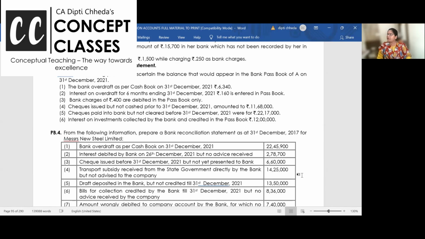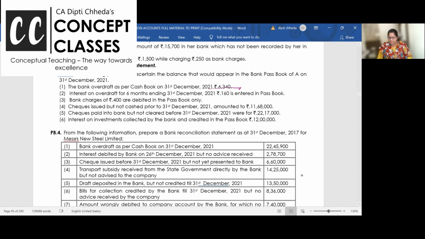From the following particulars, ascertain the balance that would appear in the bank passbook of A on 31st of December. Okay, right. So now this time we have overdraft balance as per cash book. So this time cash book is having a credit balance.